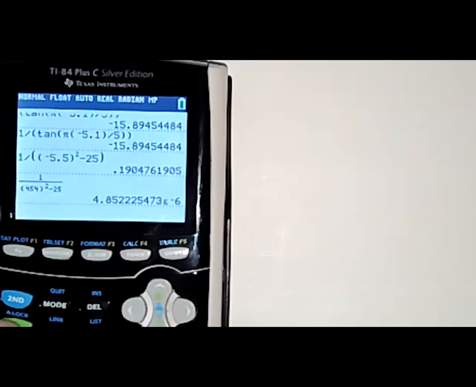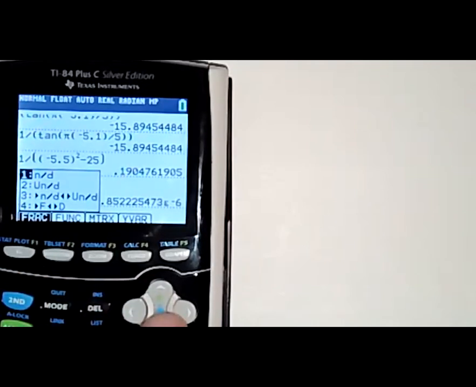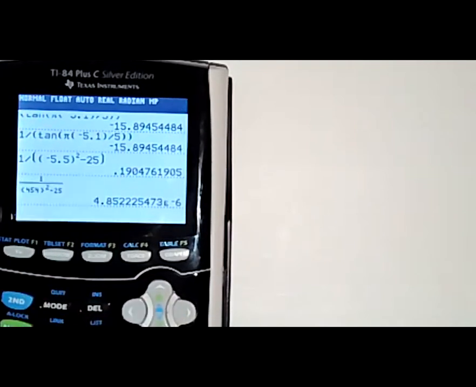You hit alpha and then y equals, and you can choose fraction notation. But either way, parentheses is fine too.